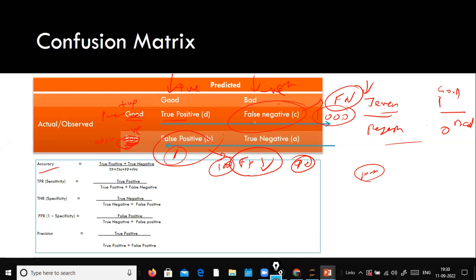Now you understood what is false negative. The prediction is negative, but it is false. Actually it is good, but falsely it says it is bad: false negative. False positive: actually it is bad, but my model predicted it is good.